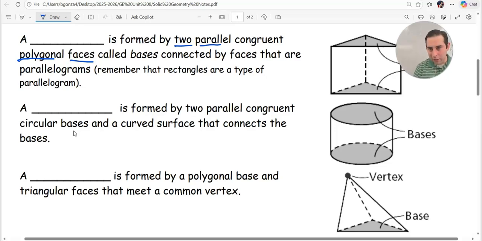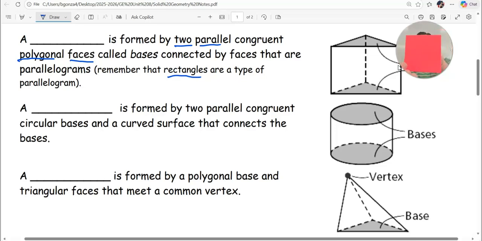And I want you to notice, there are 2 of these bases that are parallel, and they're connected with what? Well, they're connected by edges, but they're also connected by faces. Specifically, rectangles. So these bases are connected by rectangles.